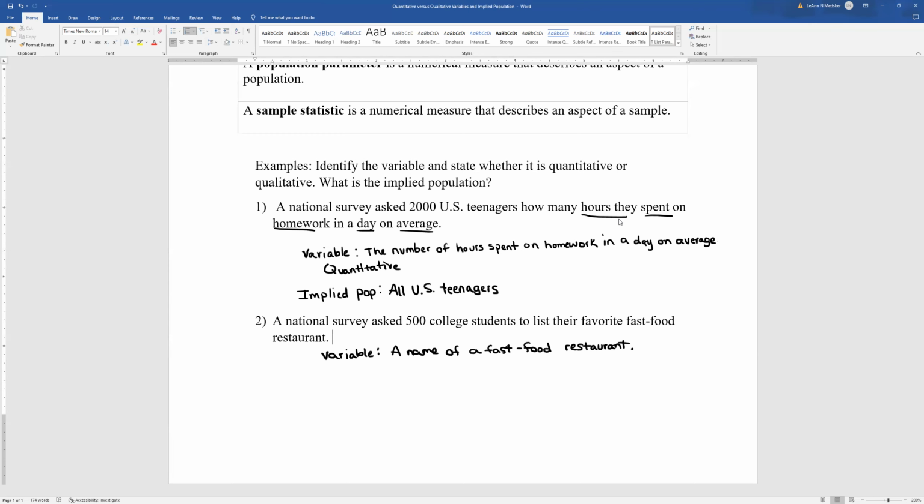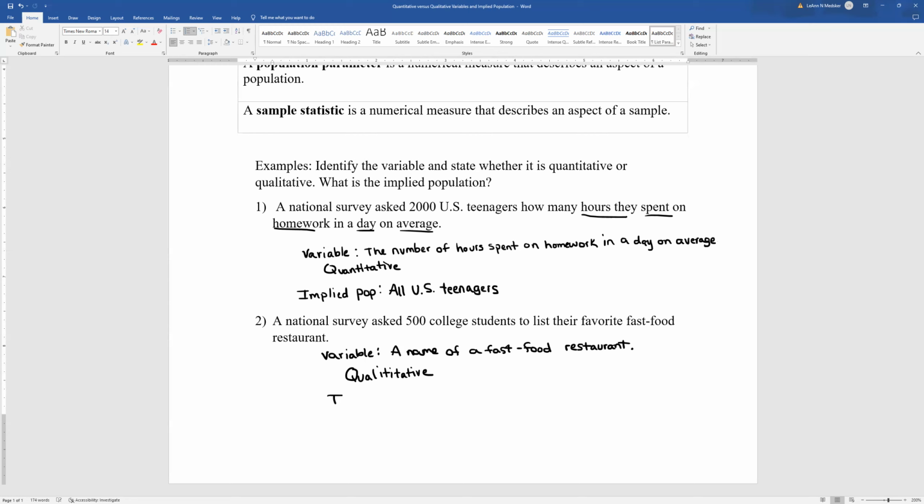So it's going to be like McDonald's, Burger King, Subway, Chick-fil-A, name dropping like crazy here. It's going to be one of those fast food restaurant names. So that's going to be qualitative because we can't add and average those. It's a name.